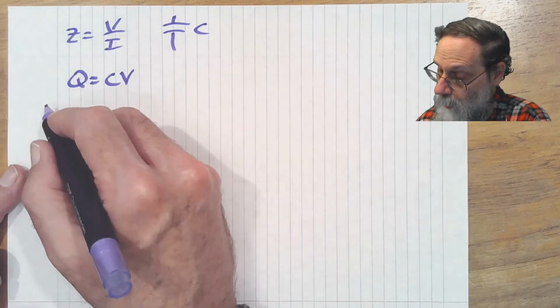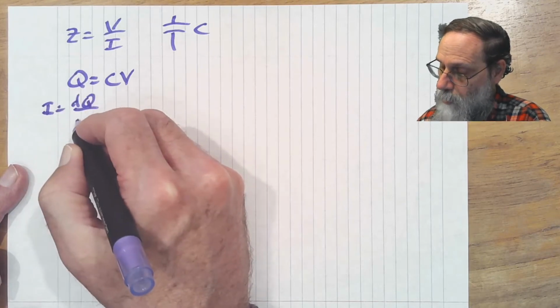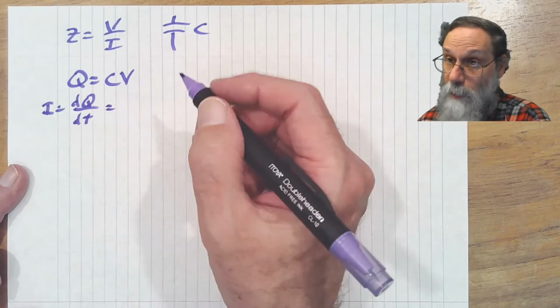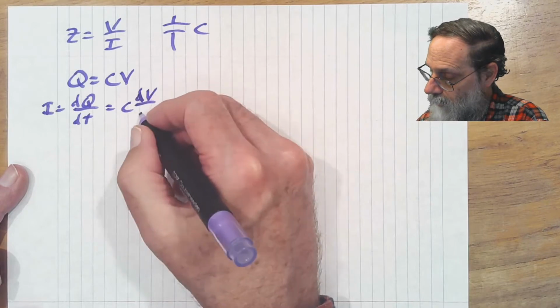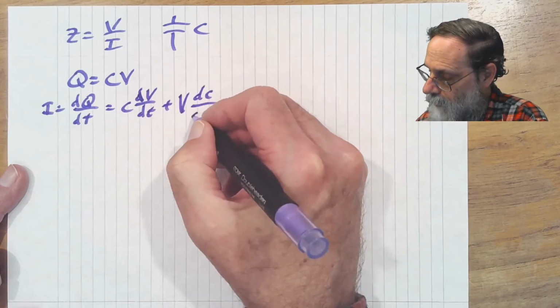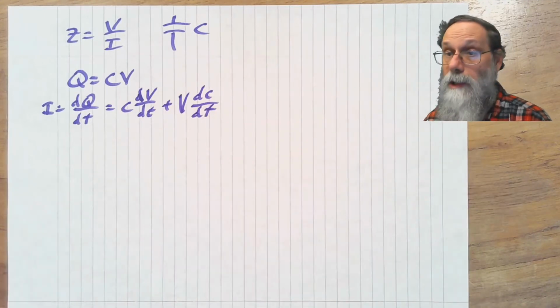And the current is the derivative of the charge with respect to time. So by the multiplication rule, that's C dV/dt plus V dC/dt.